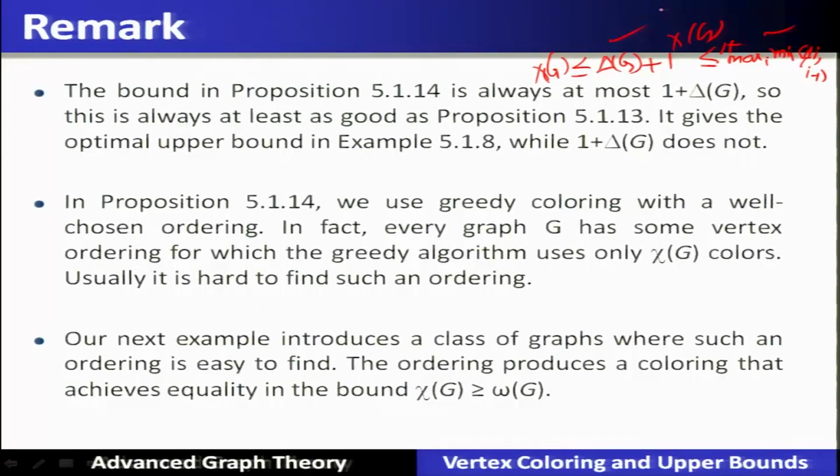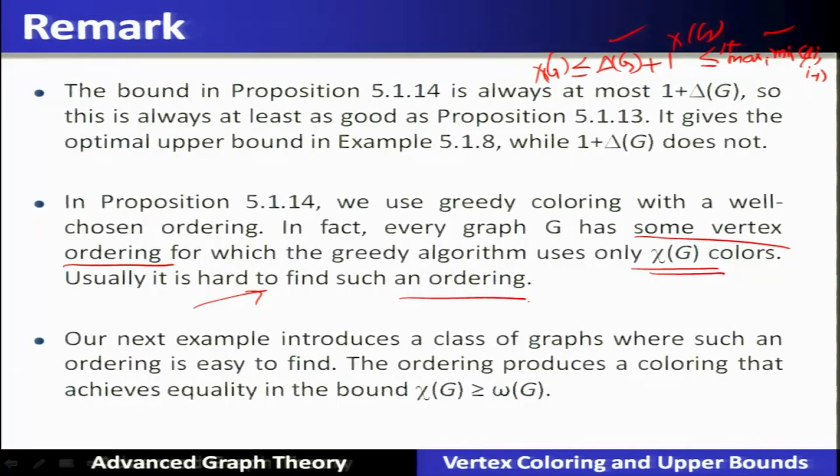So, in proposition 5.1.14, that is Welsh Powell, we use the greedy coloring with a well chosen ordering. In fact, every graph has some vertex ordering for which the greedy coloring uses only the optimal number of colors. But it is very hard to find such an ordering, hence the graph coloring problem, finding an optimal coloring through an algorithm, is a bit hard, it is not an easy algorithm.